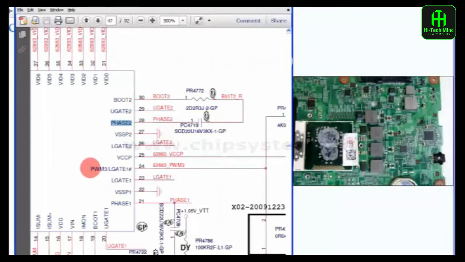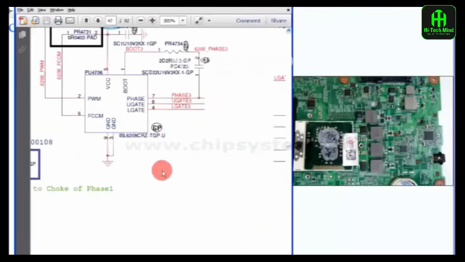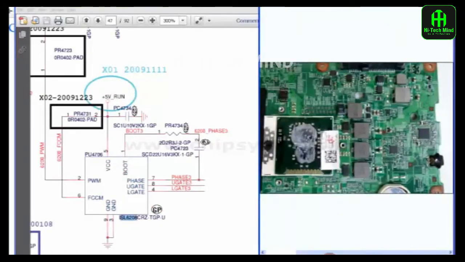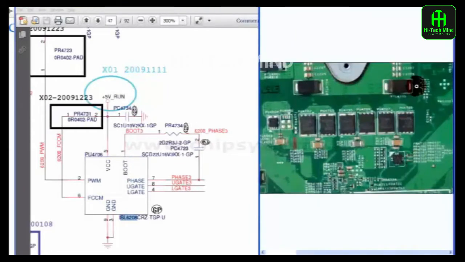Another one is the external MOSFET gate driver. See here, this is the external MOSFET gate driver IC number PU4706, ISL6208. Look at the image. This is the MOSFET gate driver IC.